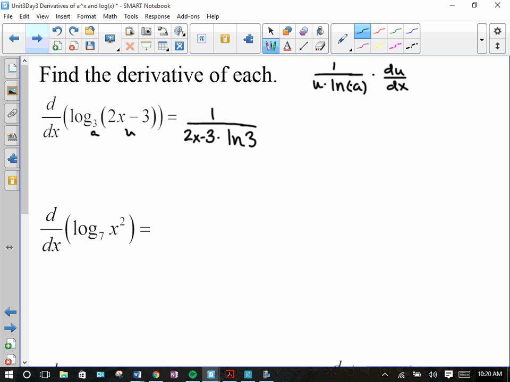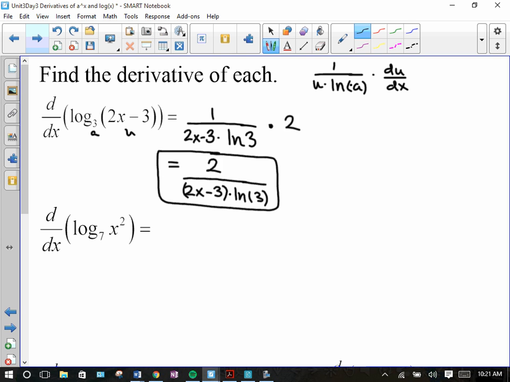After that, we take the derivative of u. The derivative of u would be 2. So our answer is 2 divided by 2x minus 3 times the natural log of 3.